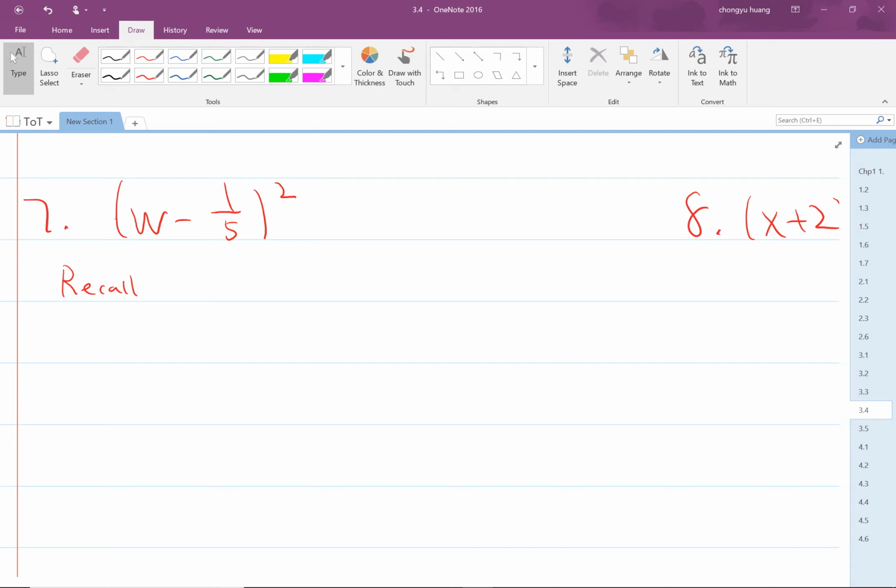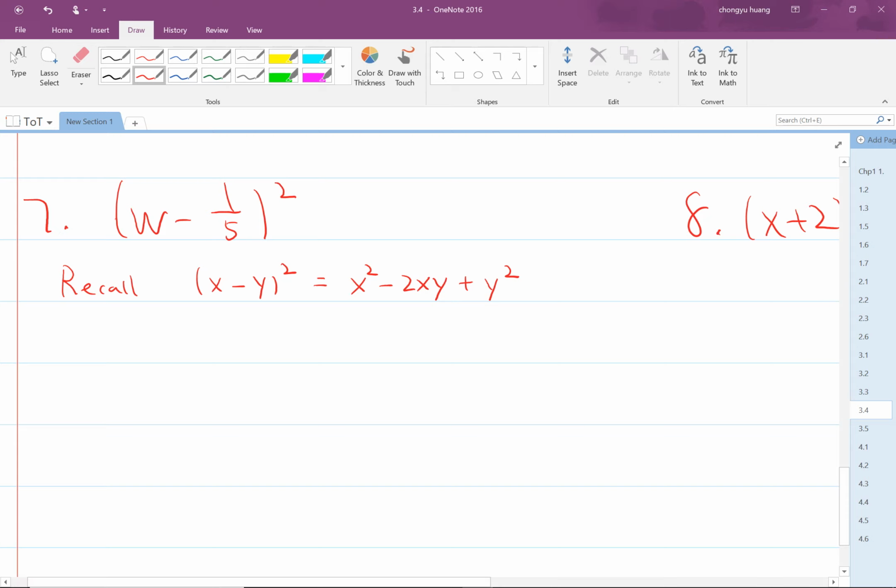The property we have to use over here is actually the other one: x minus y squared is equal to x squared minus 2xy plus y squared. As I said before, you have to memorize those properties, because they come up quite often in later topics.